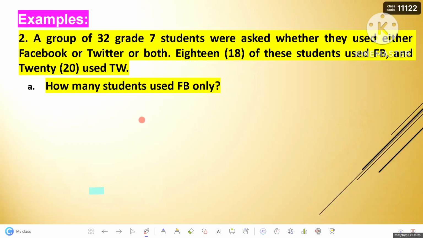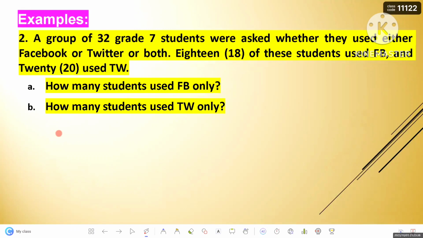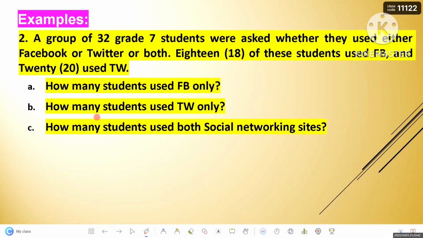So let's have the questions. Letter A. How many students use FB only? Letter B. How many students use Twitter only? Letter C. How many students use both social networking sites?